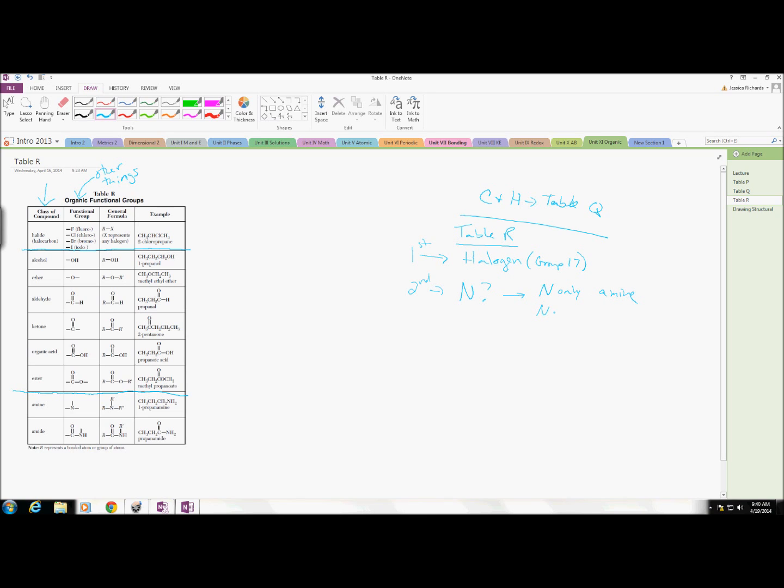Or nitrogen and oxygen, that's going to be an amide. Okay, amines and amides. If there's no nitrogen at all, you're going to then, of course, be on to oxygens, because if you look in the middle of the table, that's all that's left. There are two groups that have two oxygens.